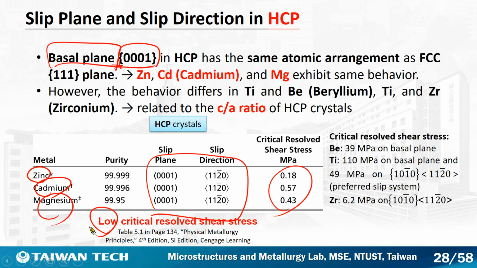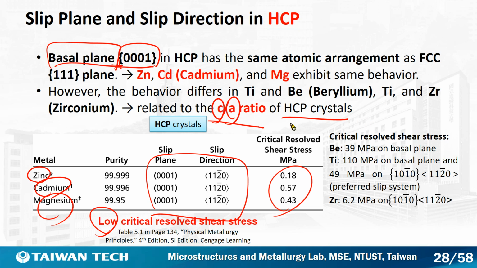However, the HCP metals will be different in their crystal structure. For example, for HCP, we know that we have the unit cell edge lengths C and A. So the C over A ratio will be different for different HCP crystals.